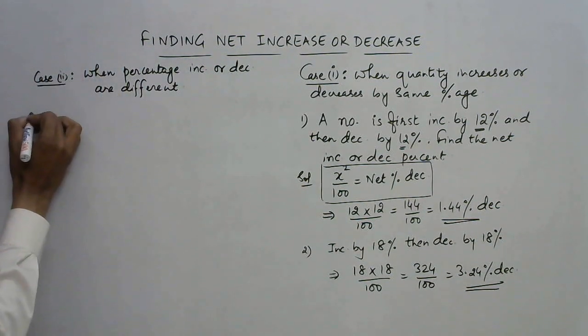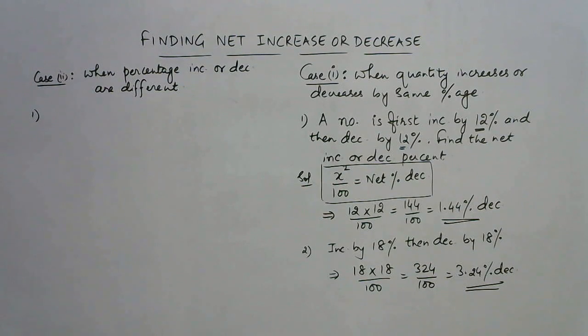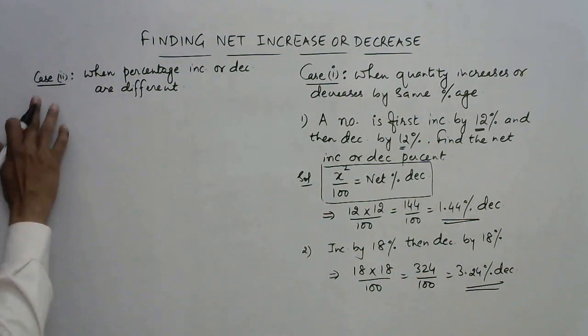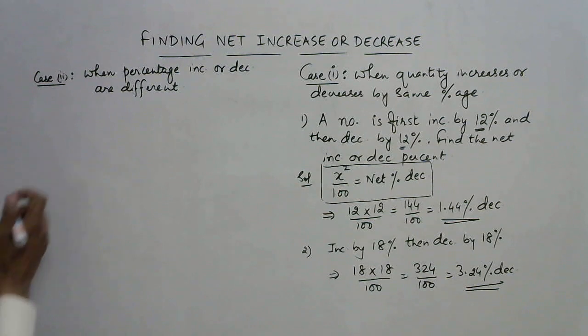So let's take a question here also, and then I'll tell you the short trick for finding the net increase or decrease. Now, in this case, suppose you have, okay, I'll tell you the short trick first.